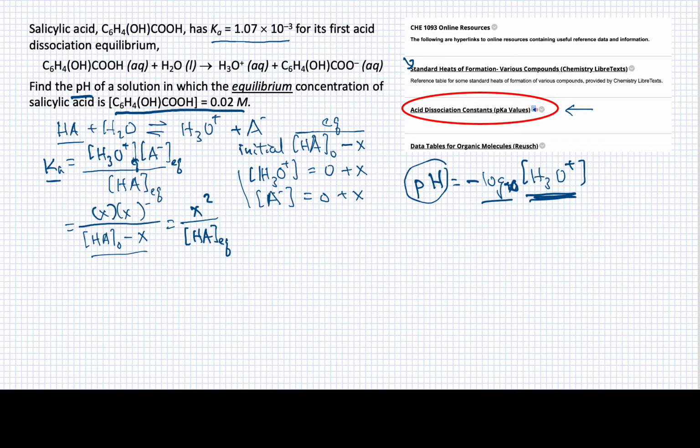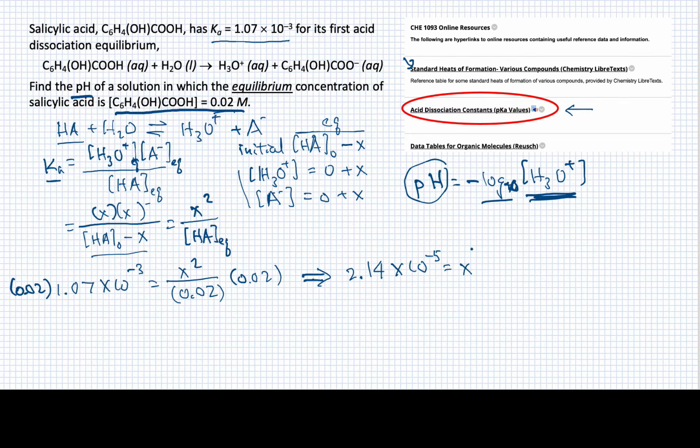Our Ka value is 1.07 times 10 to the minus 3, and that's equal to x squared divided by the equilibrium concentration of HA, which is 0.02. Now if I multiply both sides by 0.02, I will end up with 2.14 times 10 to the minus 5 is equal to x squared, where x is just the hydronium ion concentration.